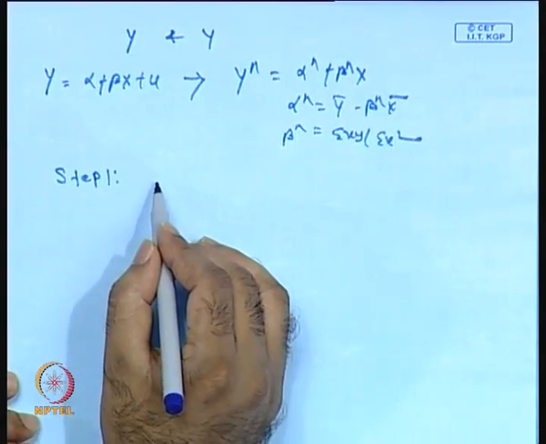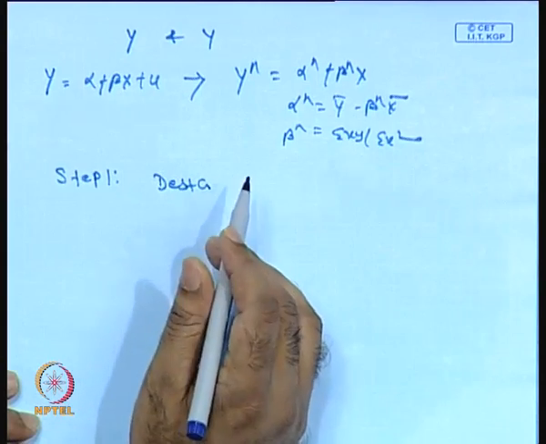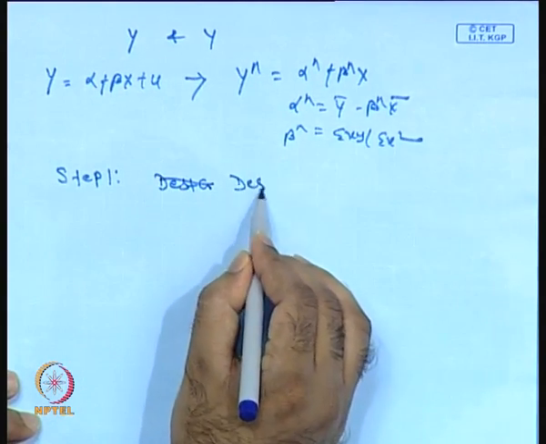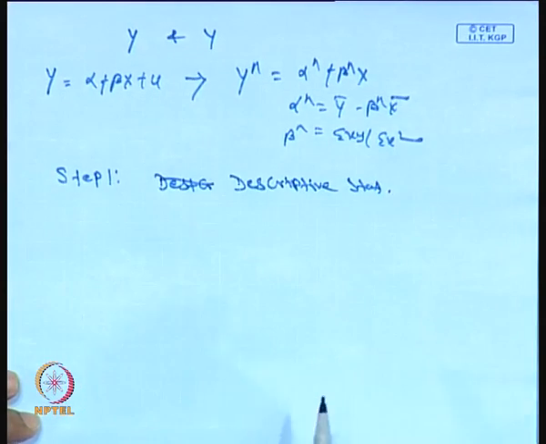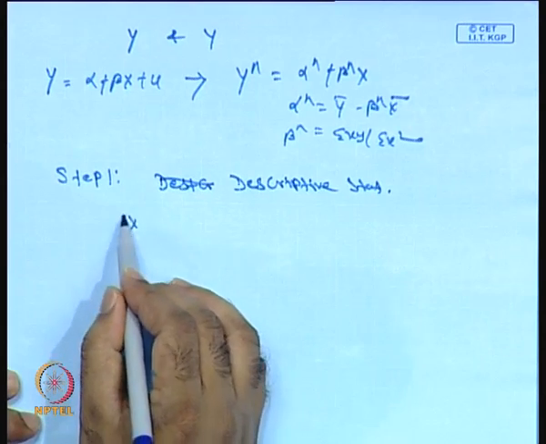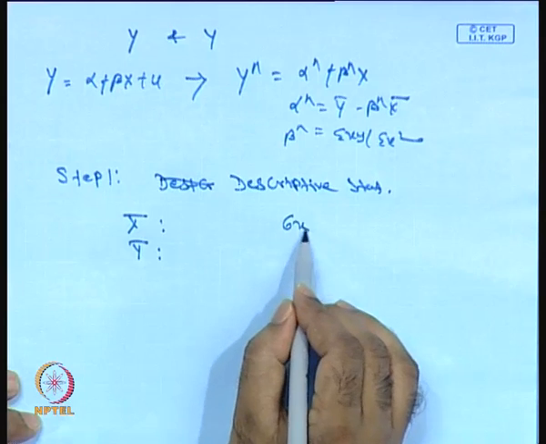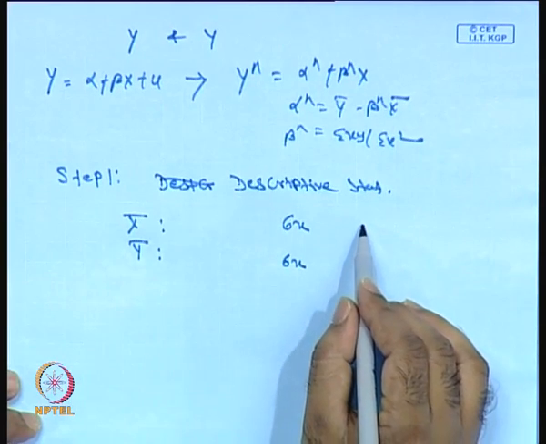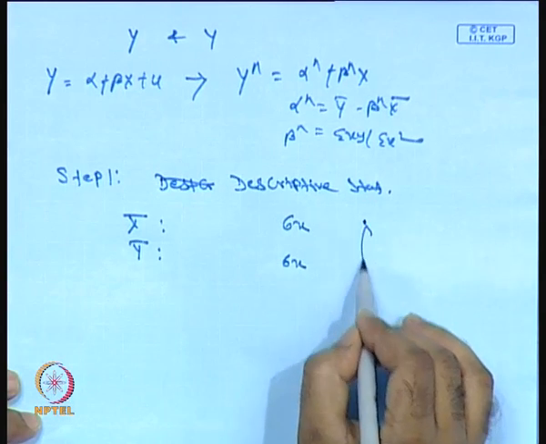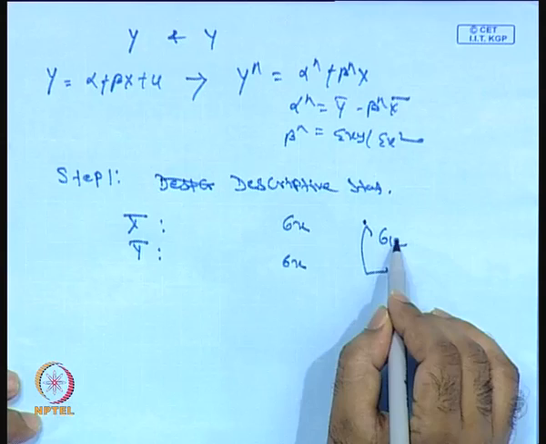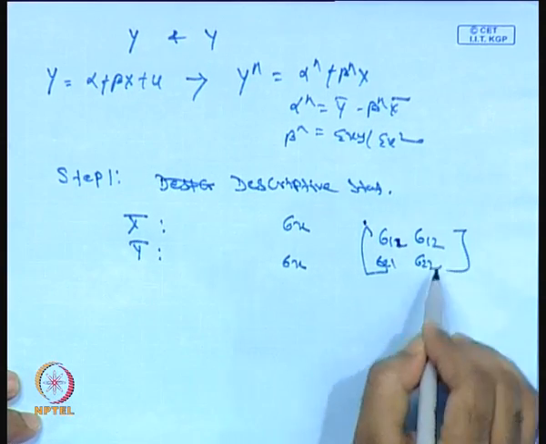So, now the first step is to know the descriptive statistics. Okay. The descriptive statistics basically deal with x bar and y bar, sigma x, sigma y, then the variance covariance matrix, sigma 11, sigma 12, sigma 21, sigma 22.